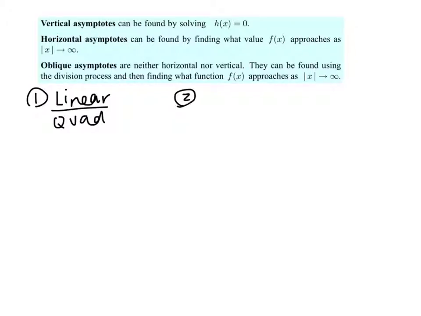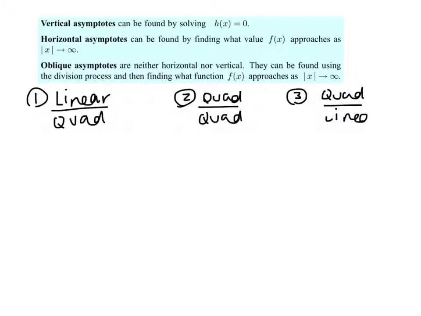Second one would be quadratic over quadratic. And the third would be quadratic over linear. And so I'm going to find examples of all 3, and I'll be right back.